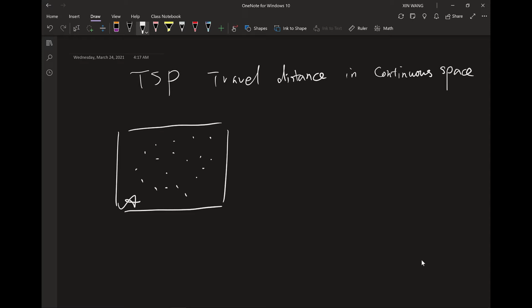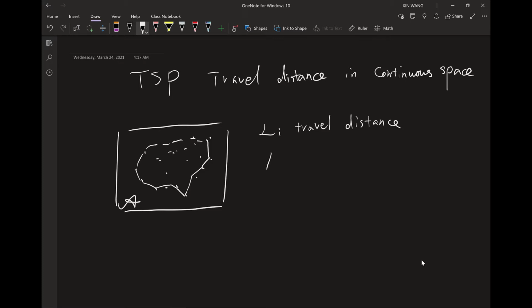Our goal is to find out if there's a way we can estimate the TSP. Let's define L to be the total travel distance. Definitely this TSP distance is determined by the customers.